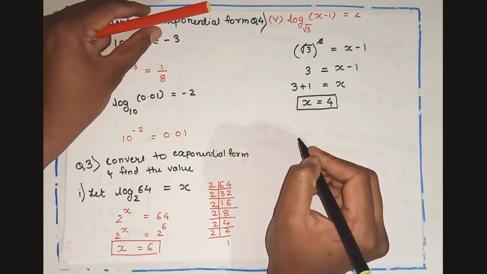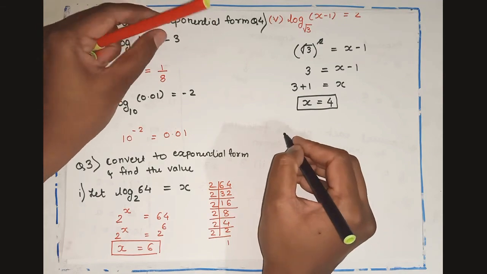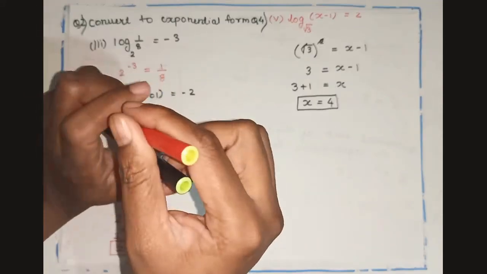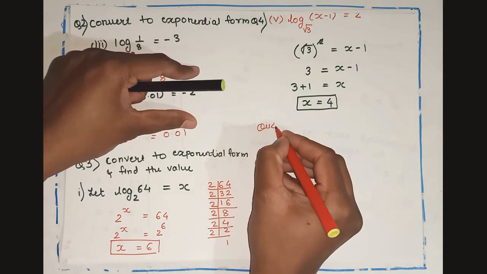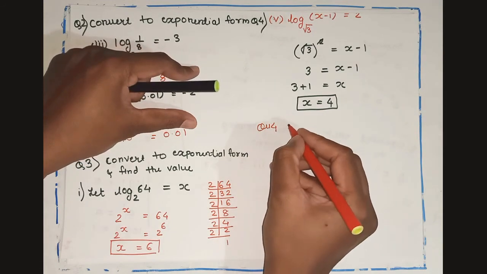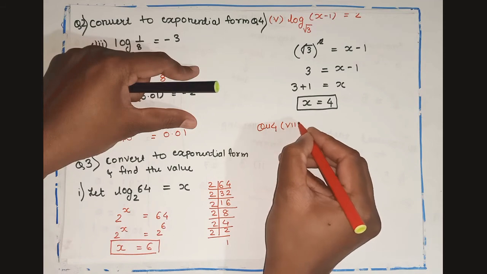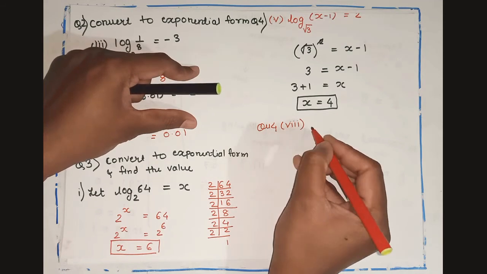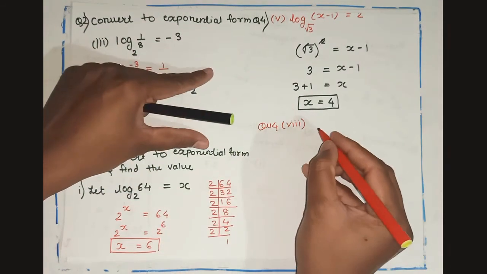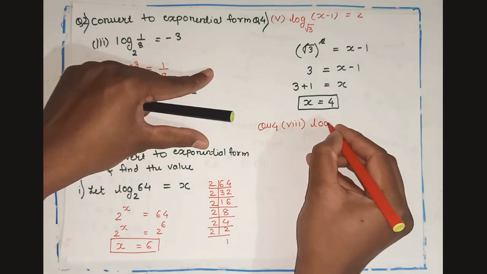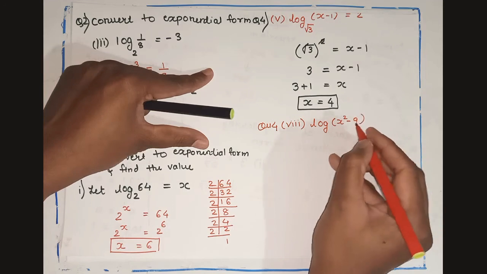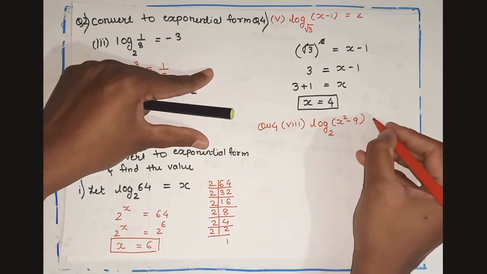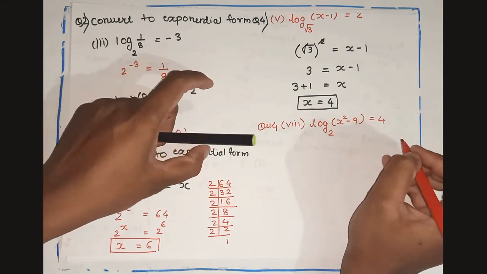Then moving ahead with the next problem. Okay, question number 4, I will be doing the 8th problem. Okay, what is your question? Log of x square minus 9 to the base 2 equals 4.